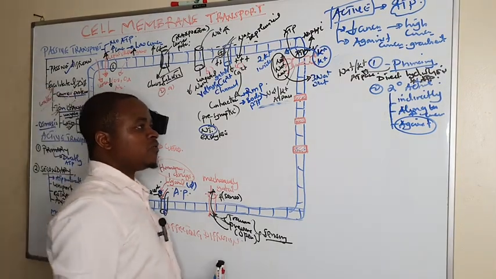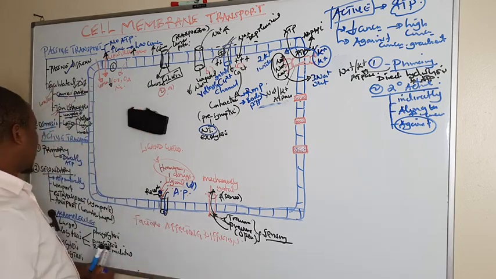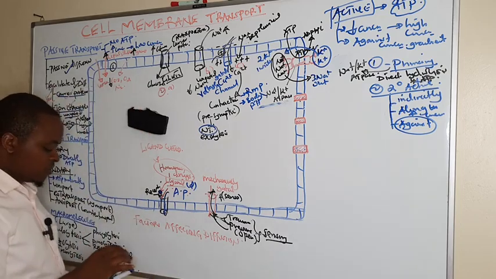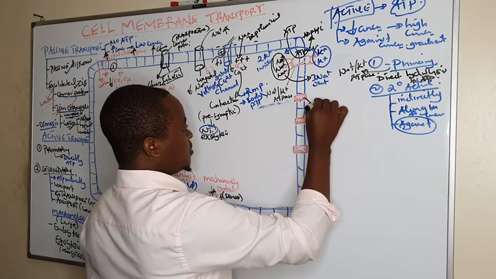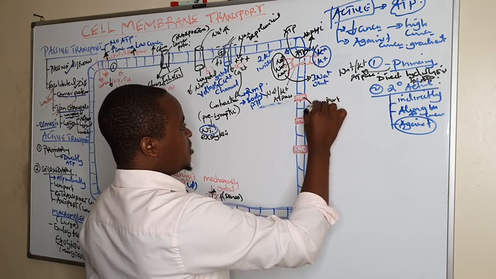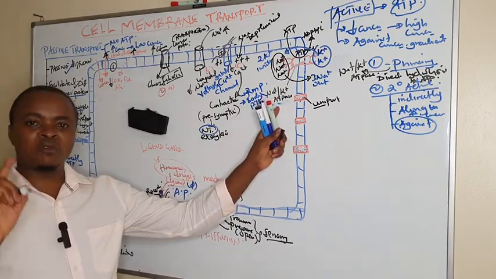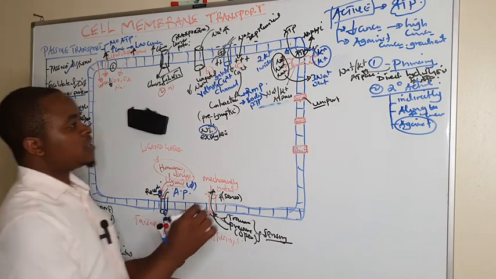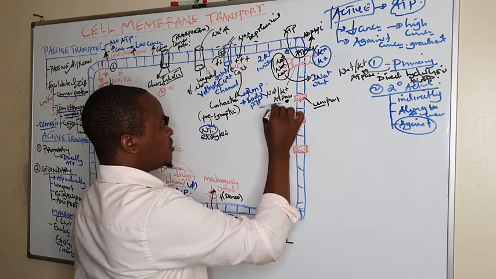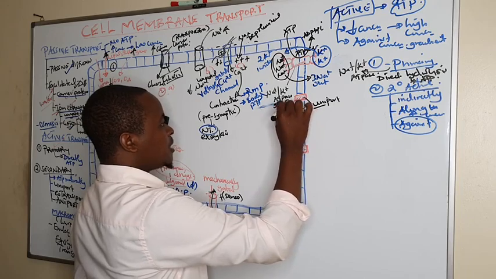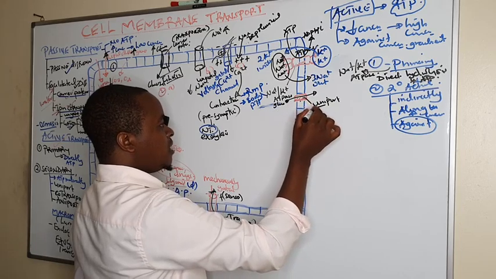And we said examples of secondary active transport include, we can classify them under uniport. Uni means 1. So this carrier protein carries one type of substance. For example, if I have a substance like glucose, this substance is taken inside the cell by the uniport.